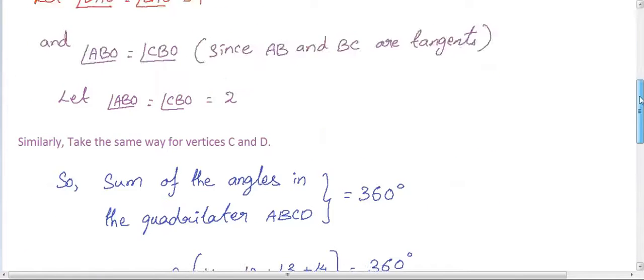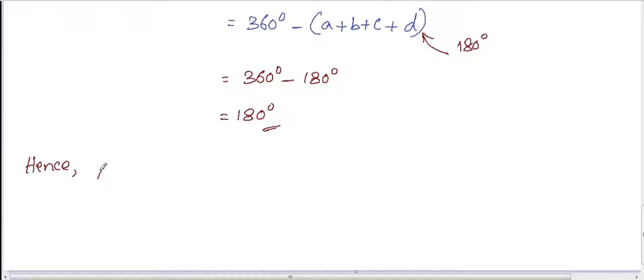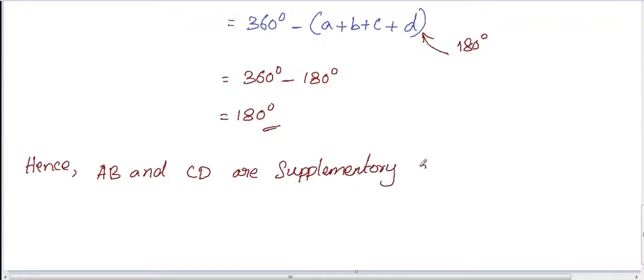So hence we proved that the supplementary angles add up to 180 degrees at the center O. So AOB and COD are the supplementary angles at the center O.